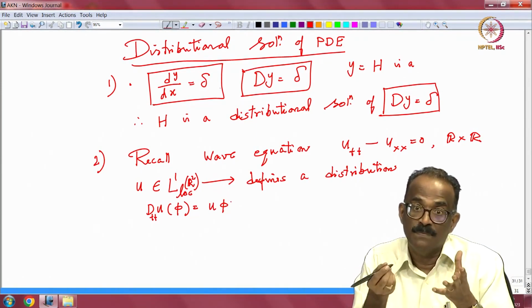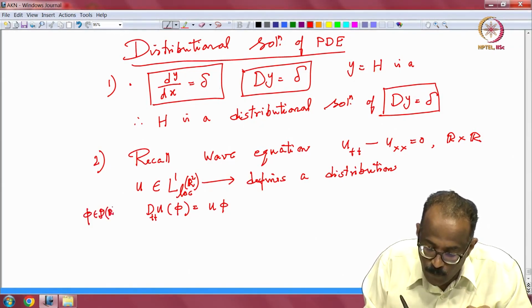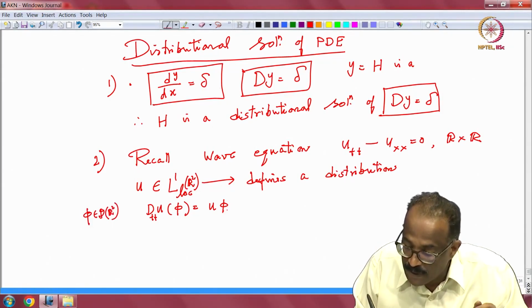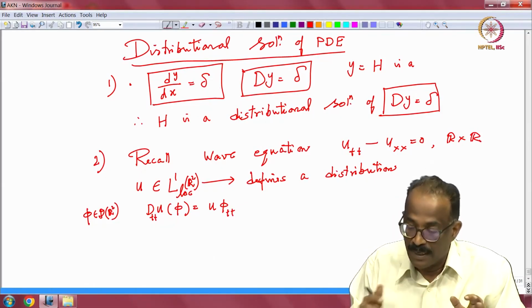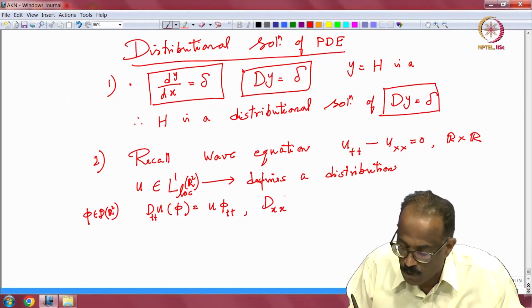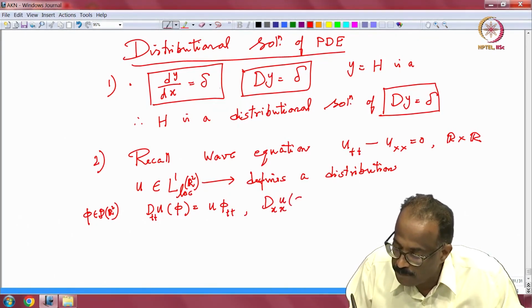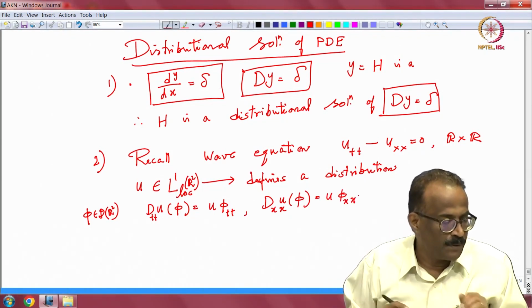Phi is in D of R2, smooth. So, the classical derivative and distribution derivatives are all fine. Similarly, d_xx of u at phi is equal to u at phi_xx.